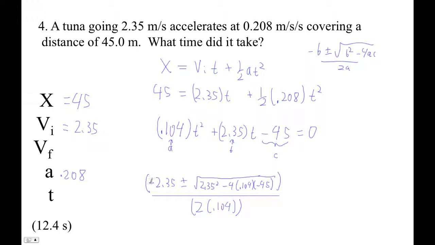Left parenthesis, negative 2.35 plus the square root of left parenthesis 2.35 squared minus 4 times 0.104 times negative 45, right parenthesis, ending the square root, right parenthesis ending the numerator, divided by left parenthesis 2 times 0.104 right parenthesis ending the denominator.